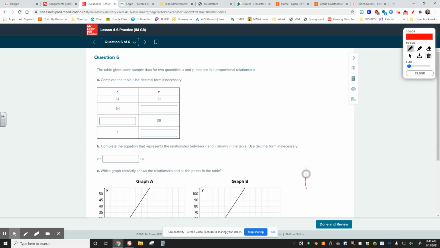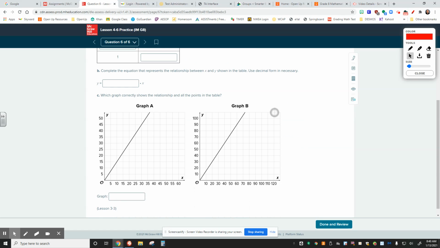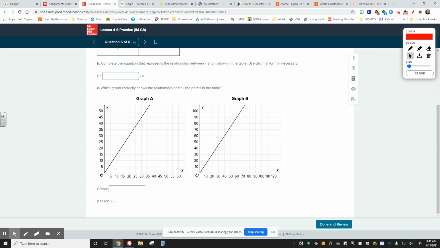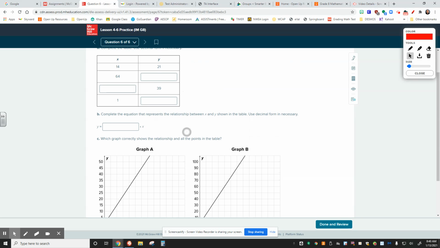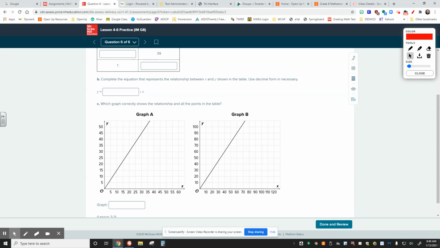Going through the bottom, part B, or part C, excuse me, which graph correctly shows the relationship and all points in the table. You're going to have to look at graph A and graph B very carefully compared to the data that you just came up with on these, and look for big points that come with that. You'll see that one of the graphs is going by intervals of 5 and the other graph is in intervals of 10.